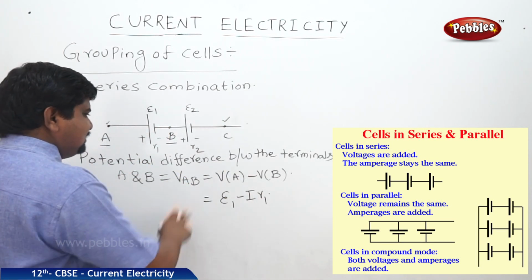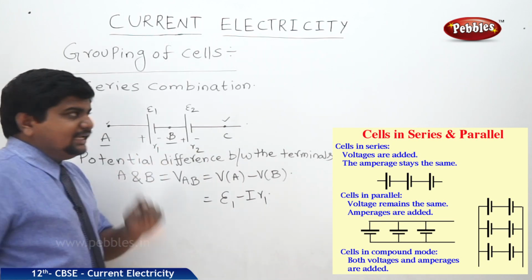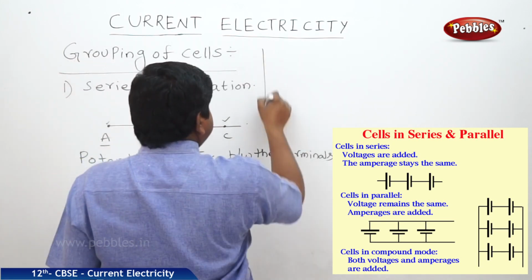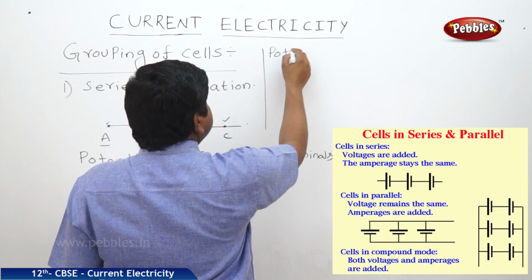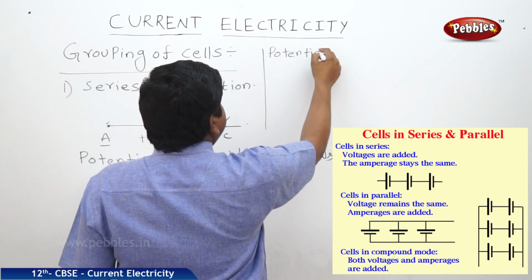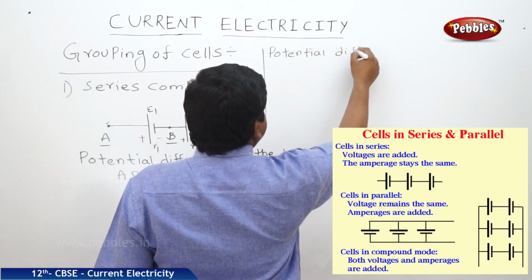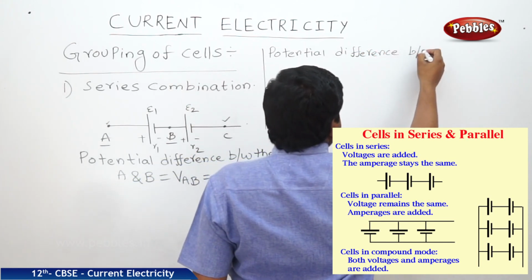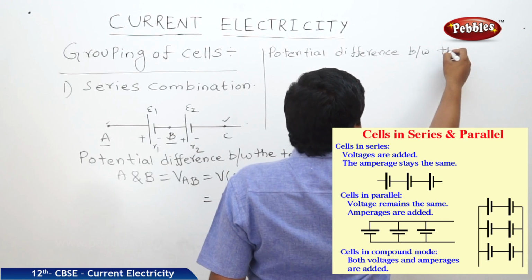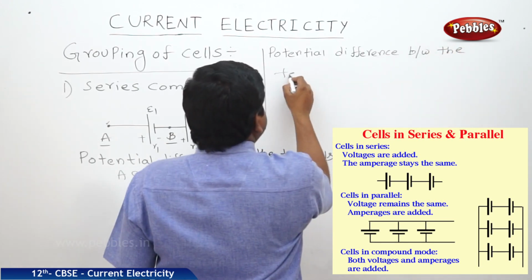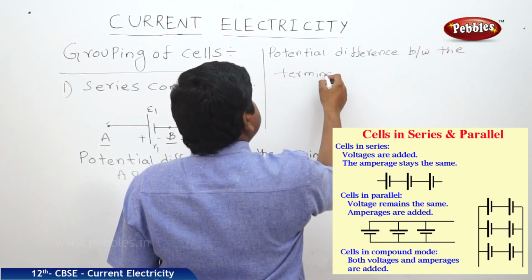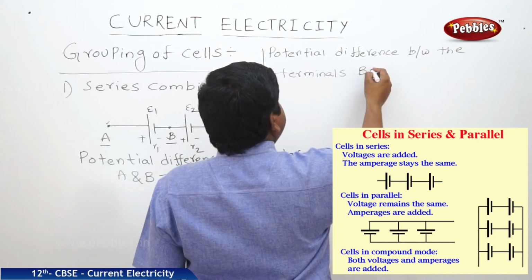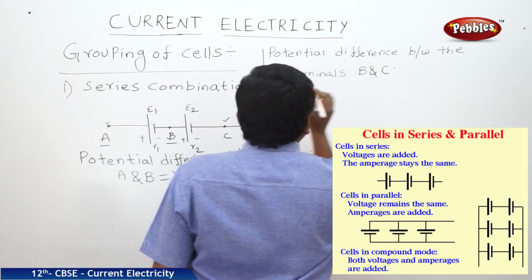Then, what is the potential difference between the terminals B and C?